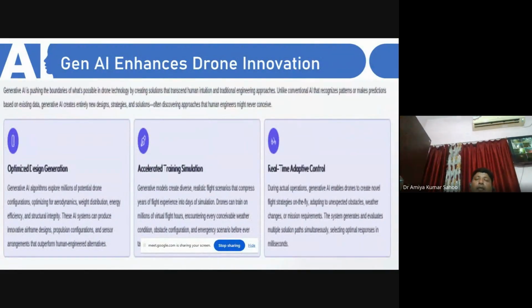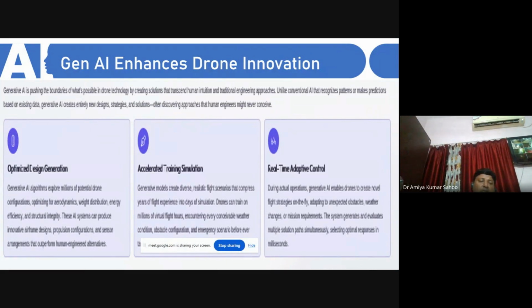Gen AI, how generative AI enhances drone innovation. It is by optimal design, accelerated training simulation, and real-time adaptive control. The generative algorithm explores millions of drone designs, optimizing weight distribution, energy efficiency, and structural integrity.